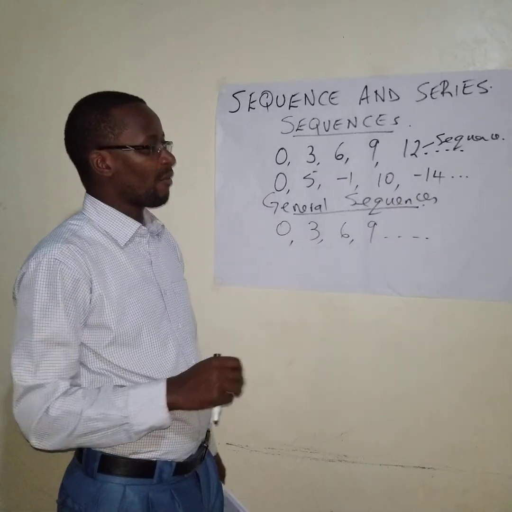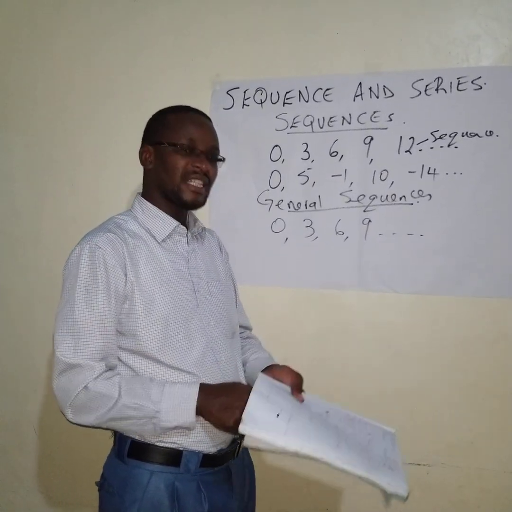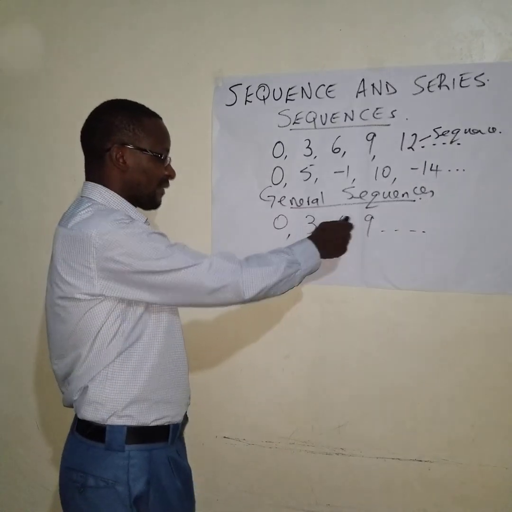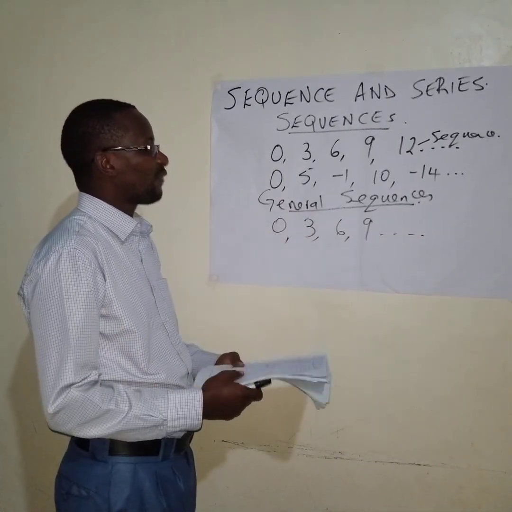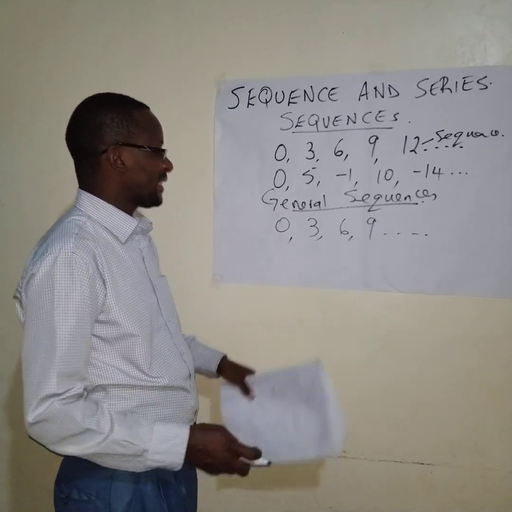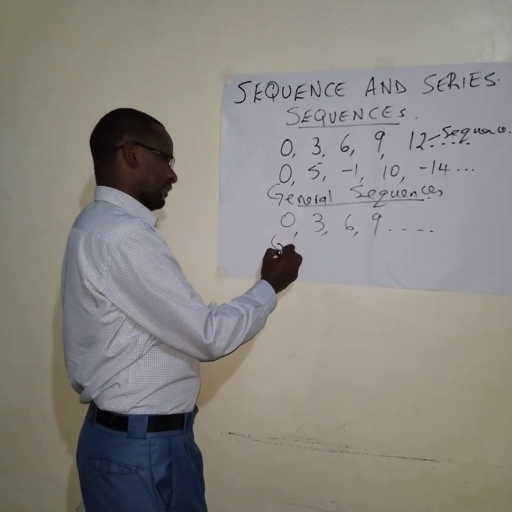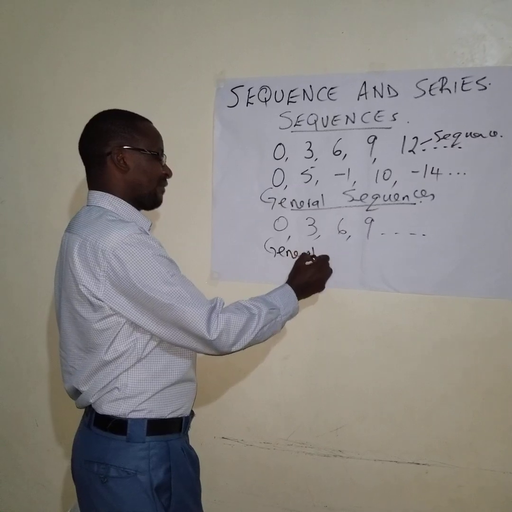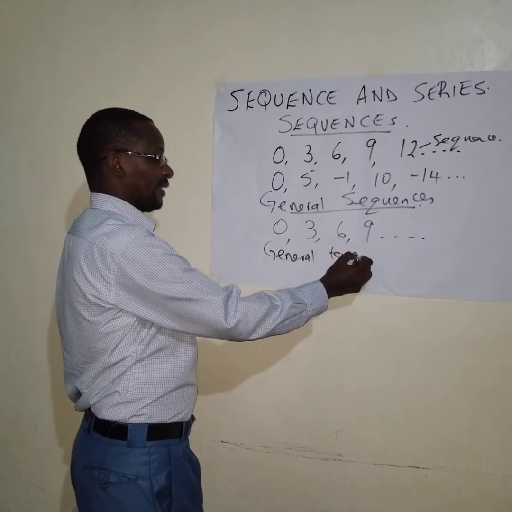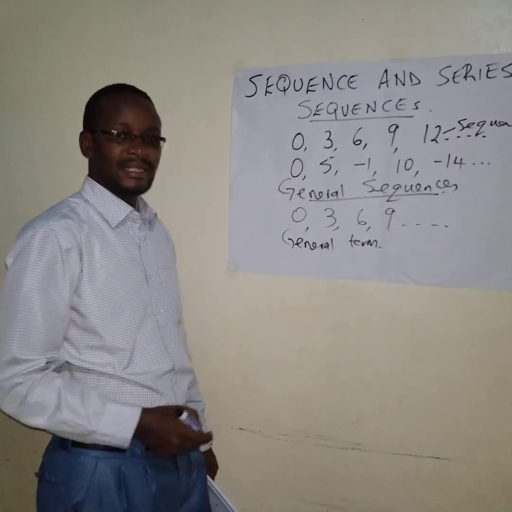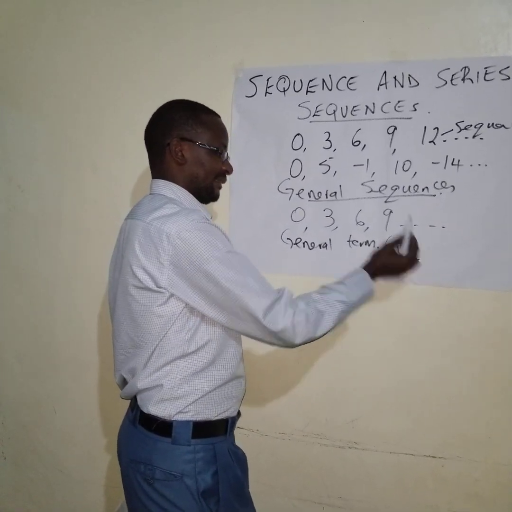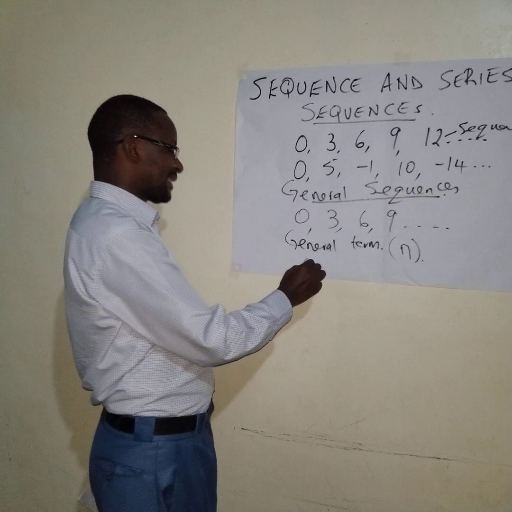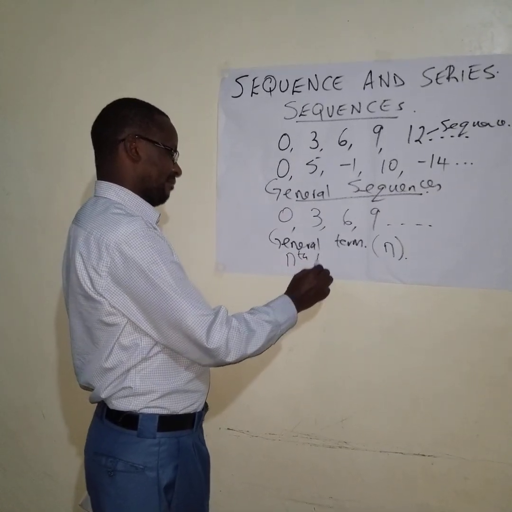I have said for now because as we move on, we will be changing its name to another type of sequence. So when you are given this and you are asked to find the general rule that can give you the general term, in this topic, the general term is normally given the letter n. So we will be getting the nth term.